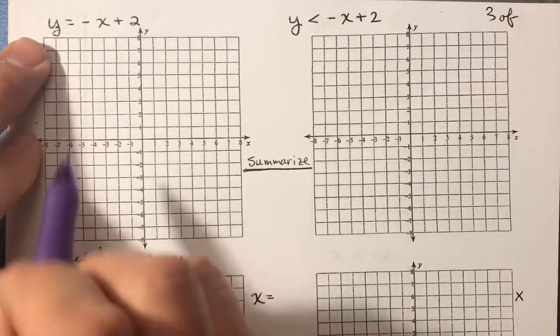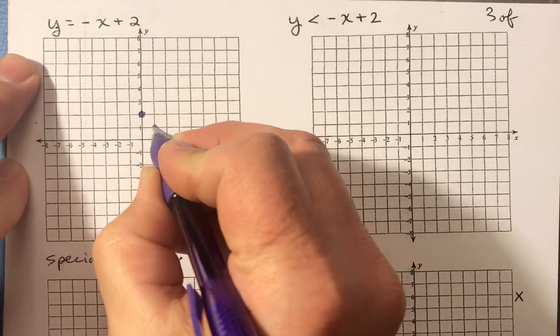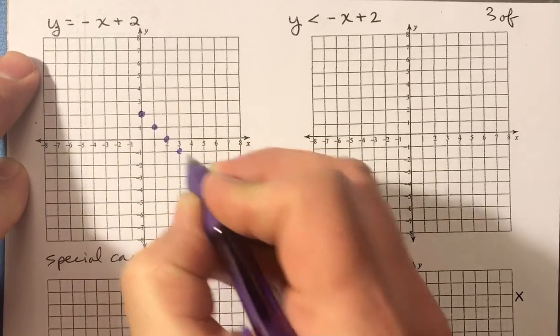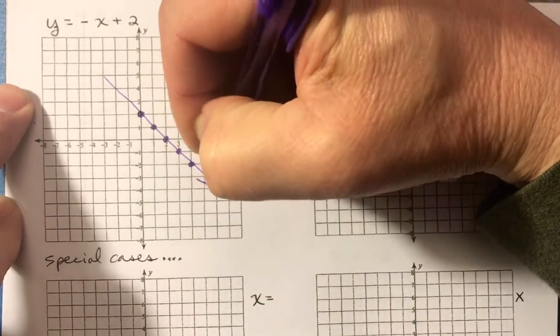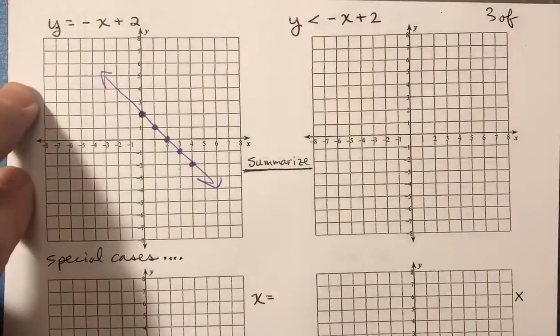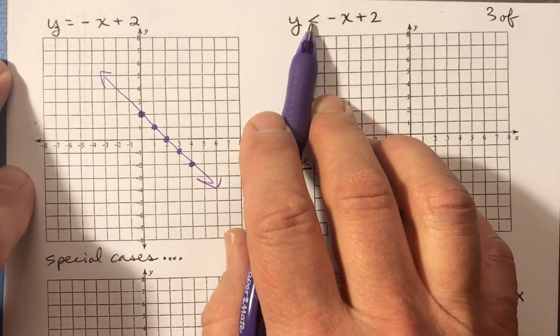Y equals opposite of x plus 2. So I'm going to start at 2, and my slope is negative 1. So it's going to look like this, and I get a line, as you might expect. This time I have y is less than.